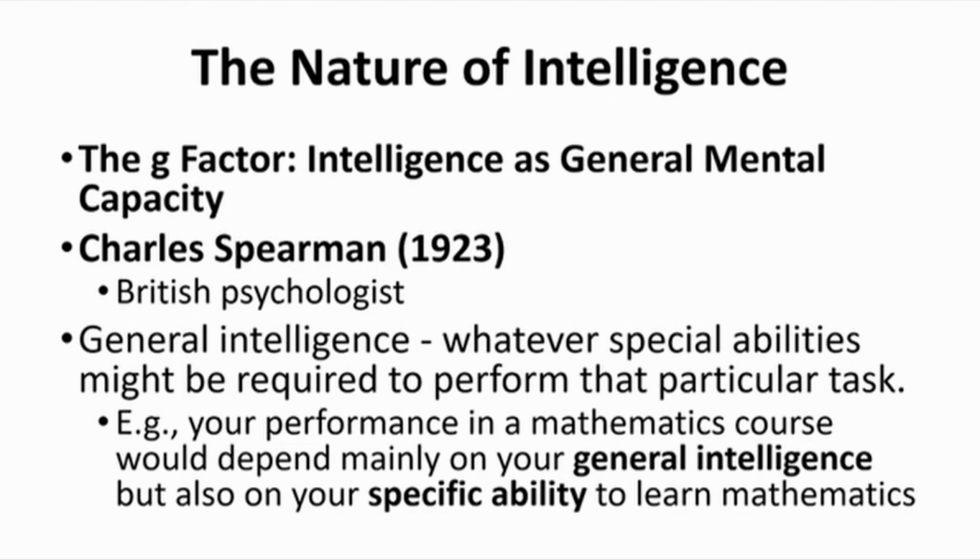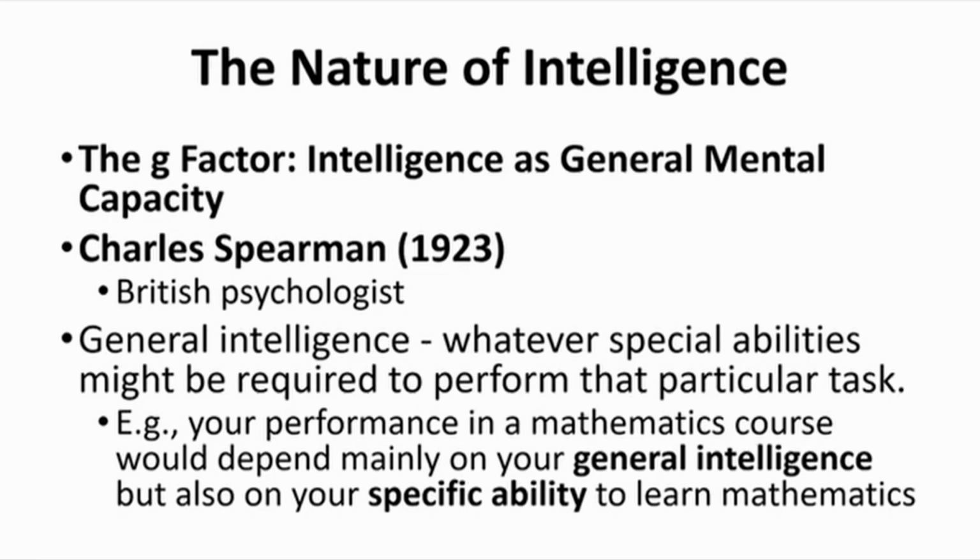He termed this general intelligence a G factor, and proposed that we had a baseline general intelligence that could allow us to perform general tasks, and our performance on any given task was modified by both our general intelligence and our specific ability that related to that particular task.